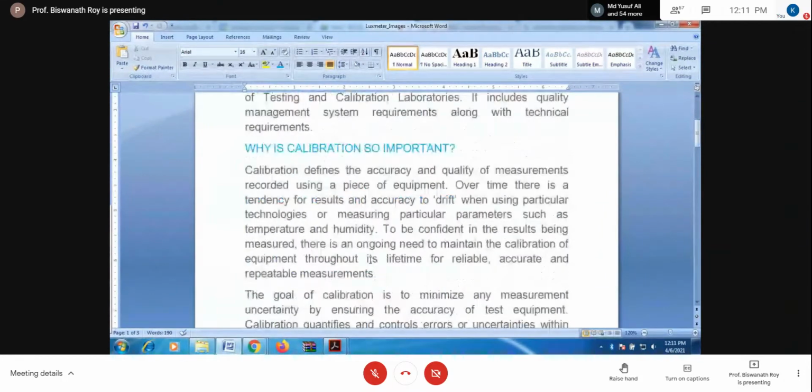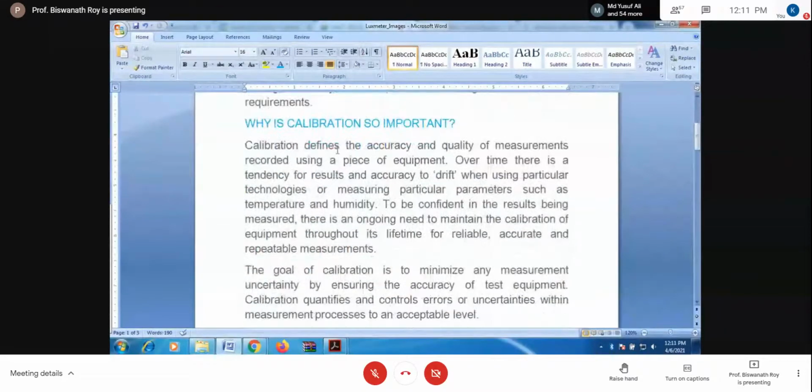So why is it important? Calibration defines the accuracy and the quality of the measurement recorded using a piece of equipment. Unless any equipment is calibrated properly, the reading or the values obtained by the equipment cannot be taken as the correct value within some uncertainty of measurement, right?